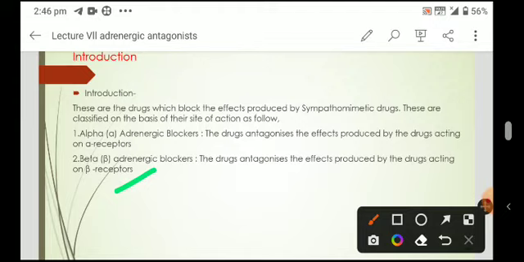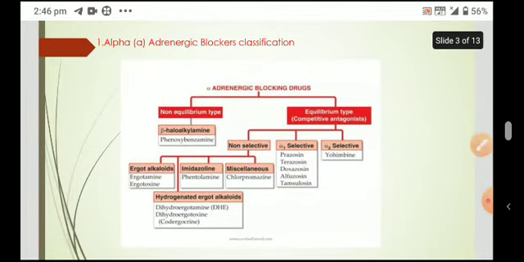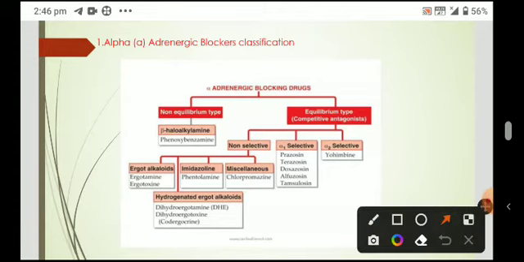Now moving to the next slide, the first is the alpha adrenergic blocker. We'll see its classification. Alpha adrenergic blocking agents are classified into two types, non-equilibrium types and equilibrium types. The non-equilibrium type has a single class, beta haloalkylamine, with the drug phenoxybenzamine.